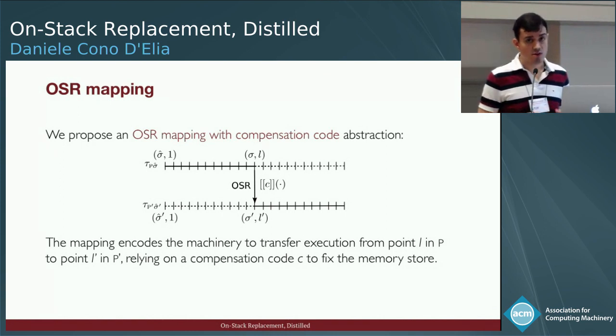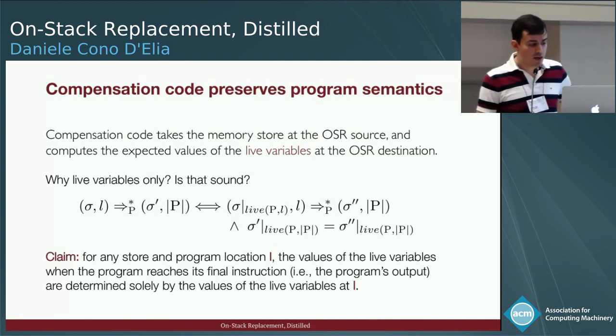And you're going to need a compensation code C that will fix the memory store that you have in program P in order to resume execution in P prime. Compensation code takes as input the memory store that you have at the source and has to compute the values that you expect to have at the OSR destination for live variables.